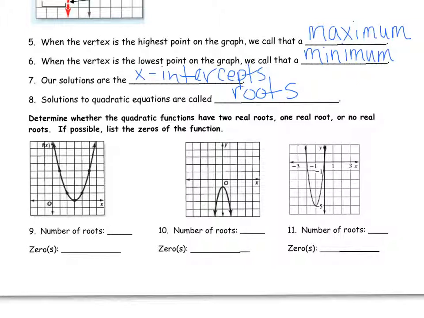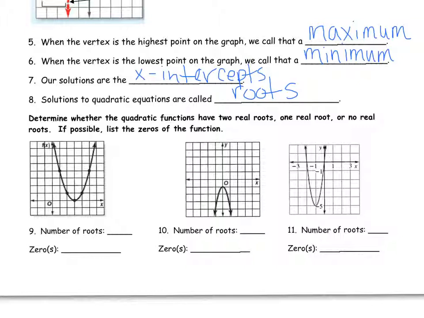Now we are going to determine whether the quadratic function has 2 real roots, 1 real root, or no real roots. If possible, we're going to list the zeros of the function. Remember that the zeros, or the roots, or the solutions, are where the parabola crosses the x-axis.